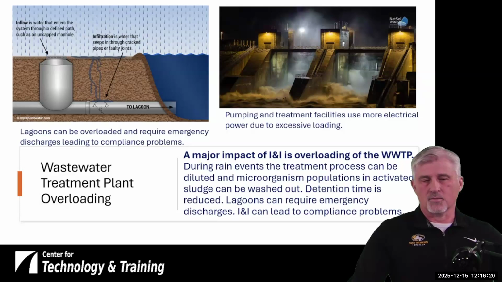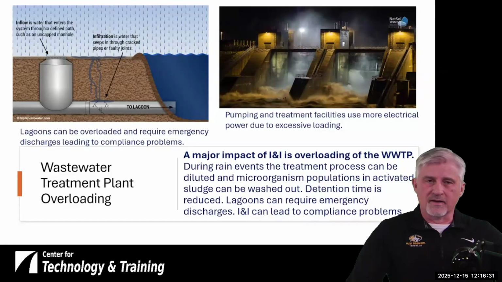The rate that the water is traveling through the treatment plant is too high. Our detention times, if we need a certain amount of time for something to happen within our wastewater treatment plant, we're going to have to reduce those times because of how much water we're having to treat. And so maybe we're not meeting those requirements.